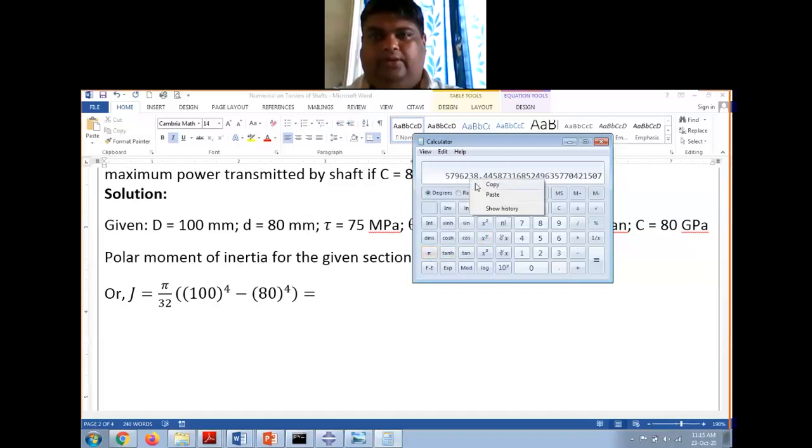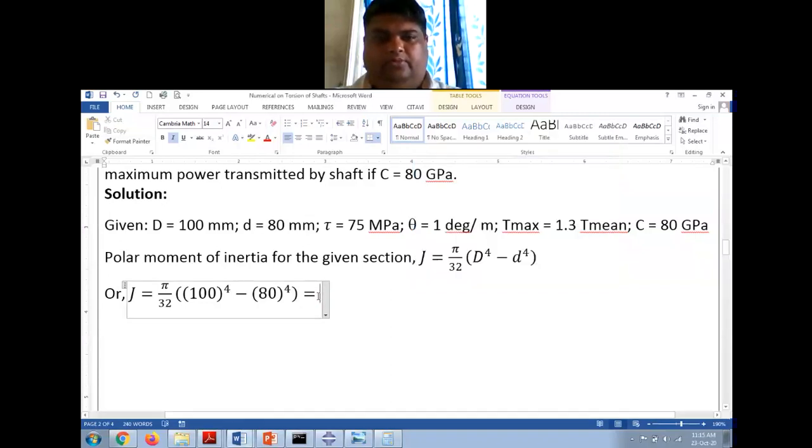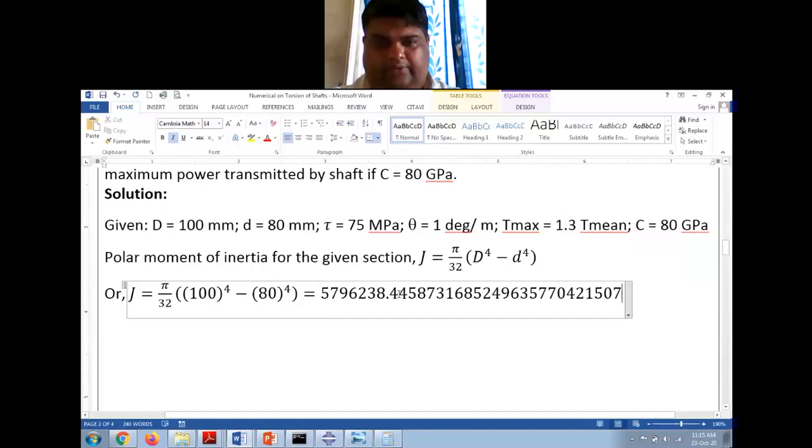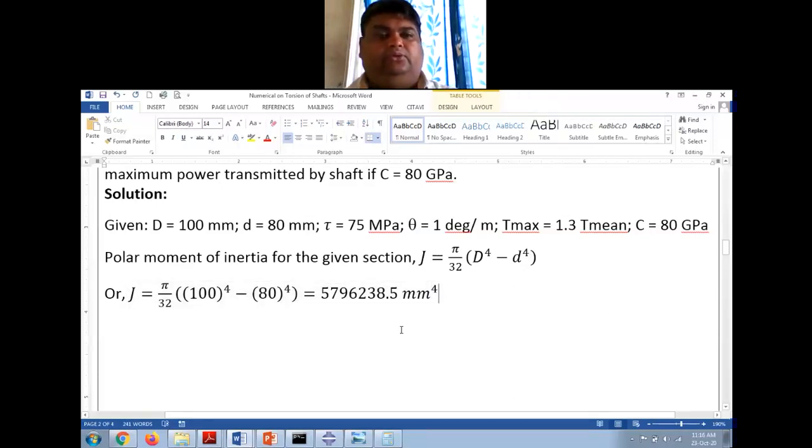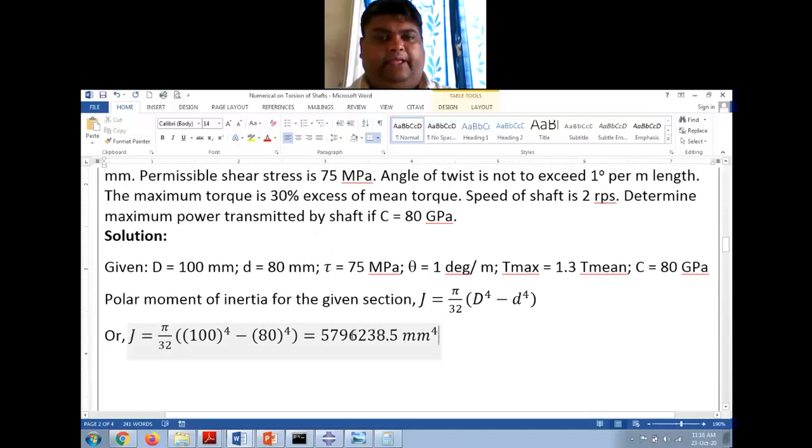So this is the value of polar moment of inertia J. So I will keep only one decimal place because this is mm raised to 4, so it has no much significance. Okay, so J is calculated.